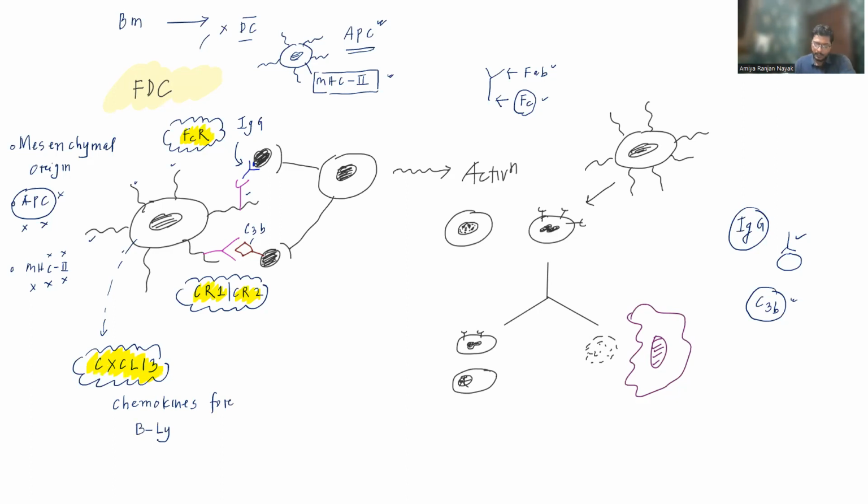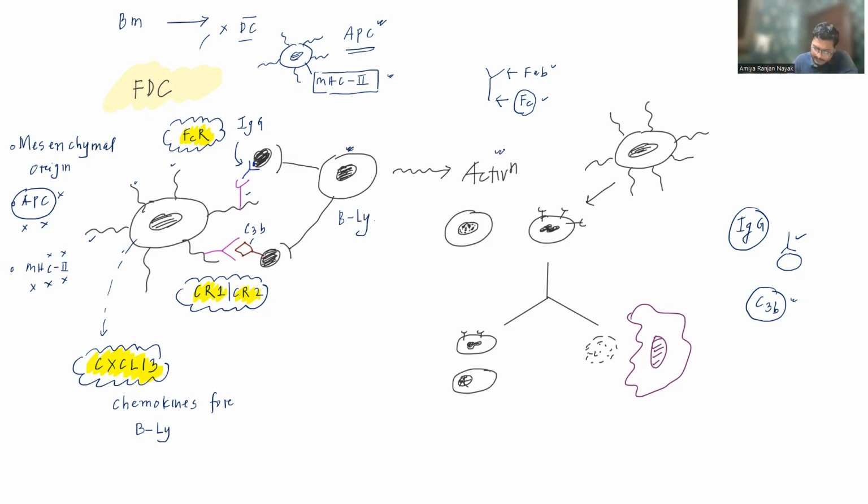Now once the follicular dendritic cells have recognized the opsonin-bound antigens, these antigens can also be recognized by the B lymphocytes, sorry, the normal B lymphocytes. Then these B lymphocytes will be activated.